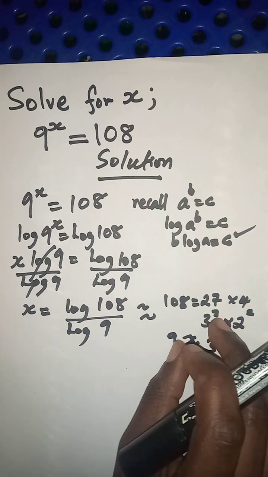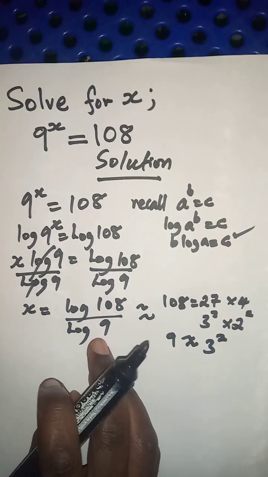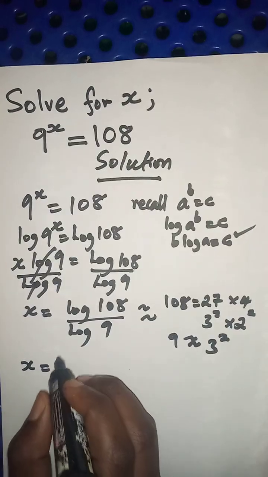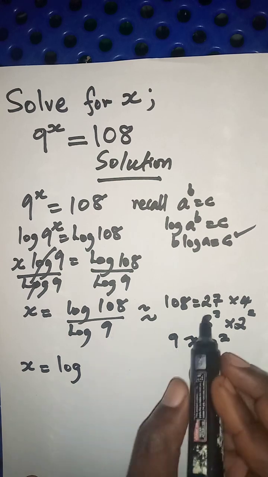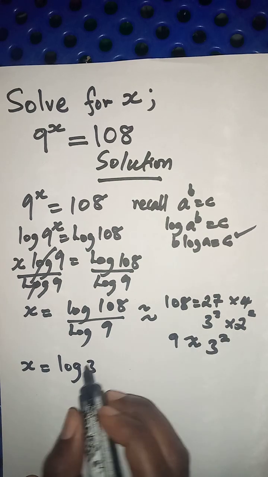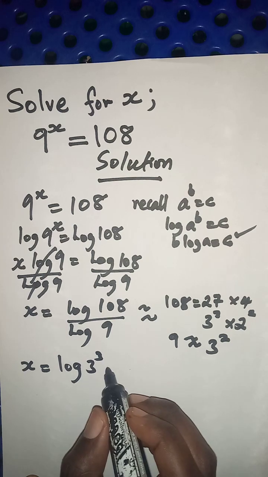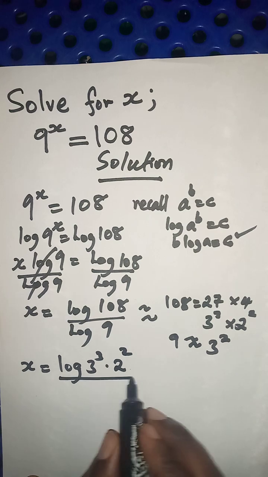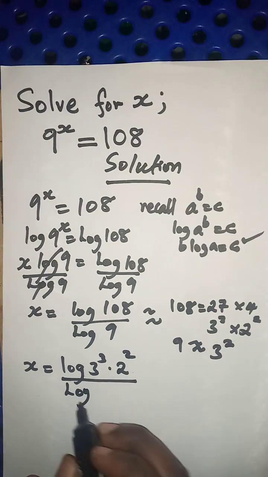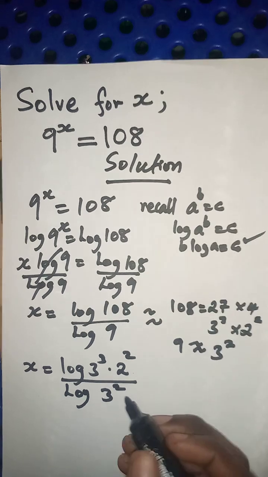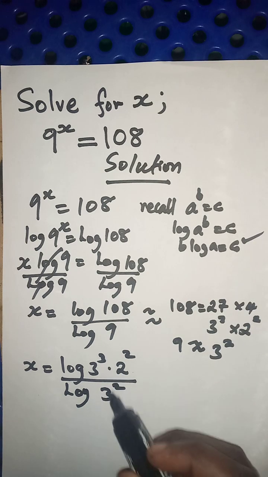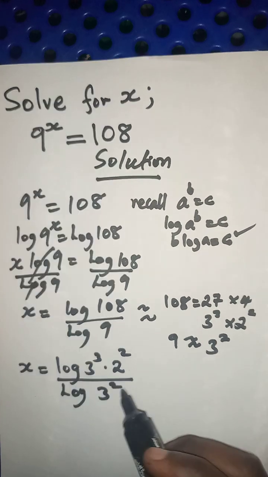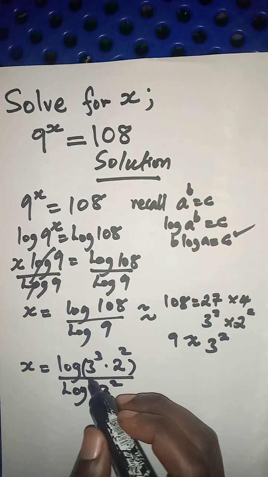So I'm going to factor in all this here so that the value of x now becomes the log of, so instead of writing 27, I'm going to write it as 3 power 3 multiplied by 2 squared, over the log of 3 squared. This is cubed, this is squared. So I'm going to put a bracket like that.